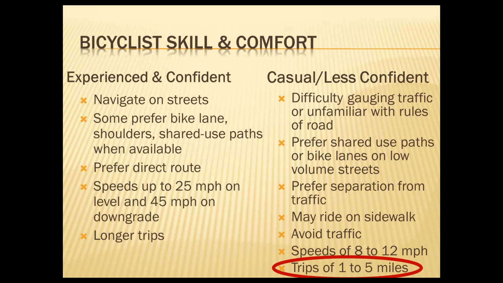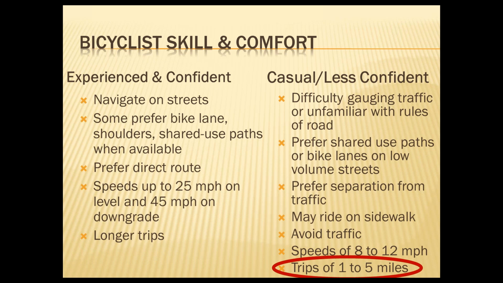But they also will sometimes choose a busier road that's more direct or simpler to navigate, even if there is an off-street facility available. Those experienced and confident riders will be riding much faster, at 25 miles per hour on a level and maybe as fast as 45 miles per hour on a downgrade.